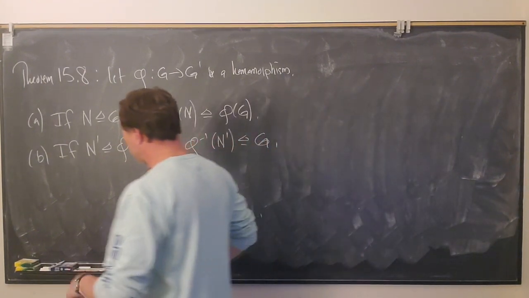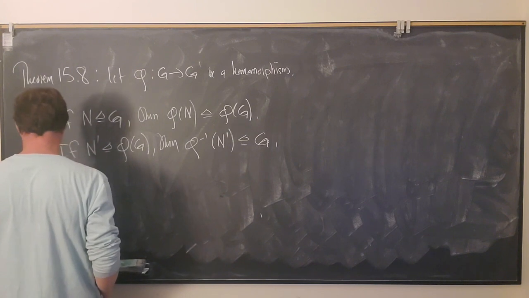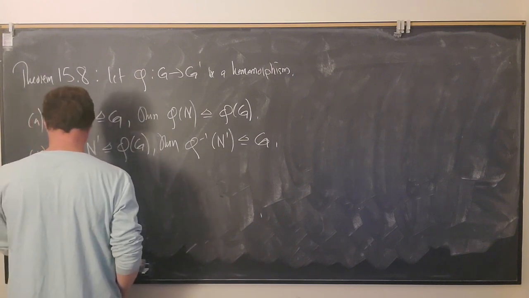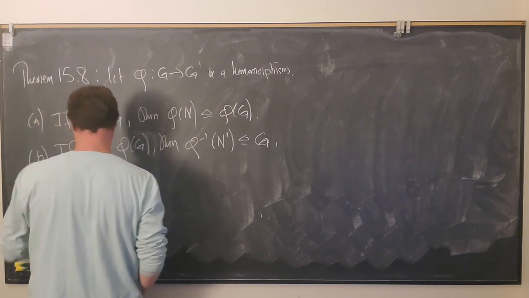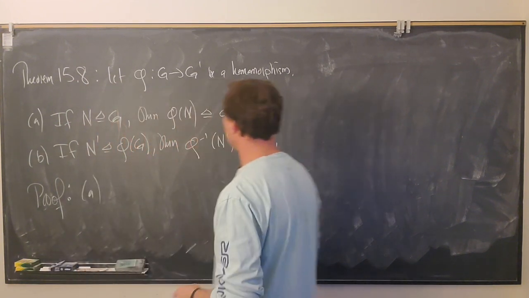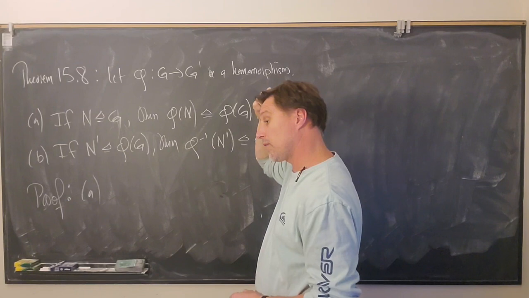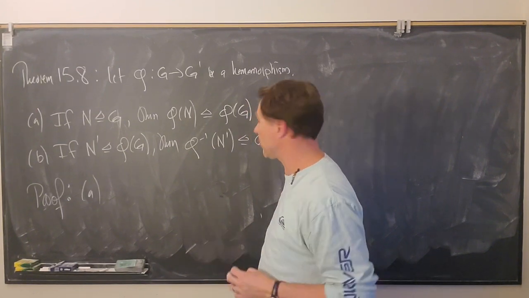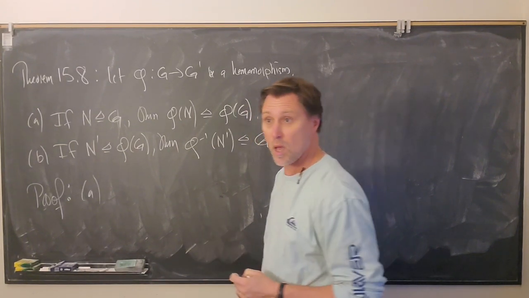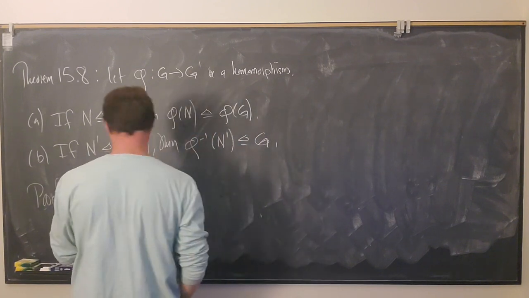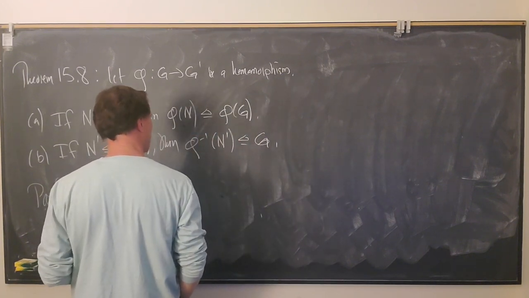So for the proof, I'm going to prove part A, and then we'll leave part B as an exercise. So for part A, I want to show that phi of N is a normal subgroup of phi of G. And the way I'm going to do that, I'm going to apply the normal subgroup test.